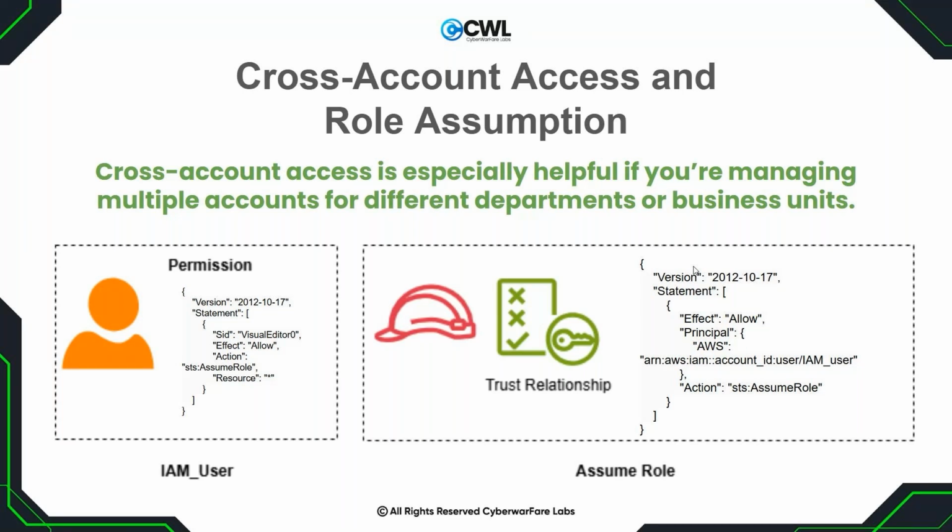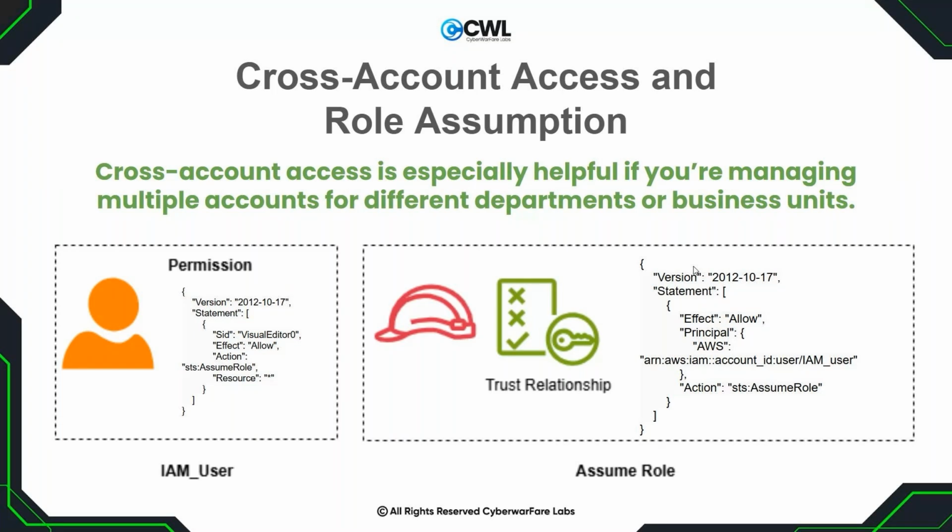This feature is especially useful for organizations managing multiple AWS accounts, such as separate accounts for development, staging, production environments, or different accounts for distinct business units. With cross-account access, users from one account can access resources in another account by temporarily assuming a specific IAM role. So we'll be discussing this specific IAM role.